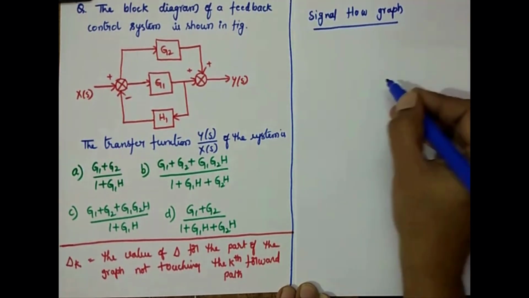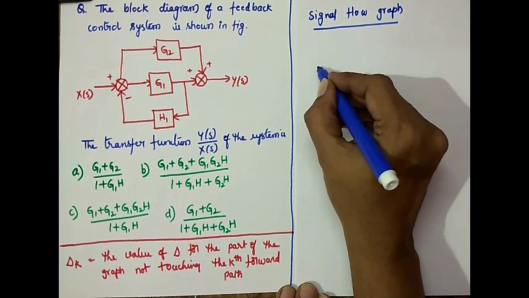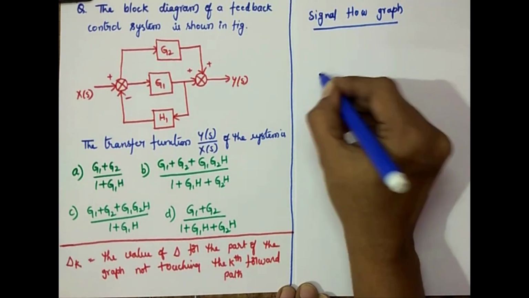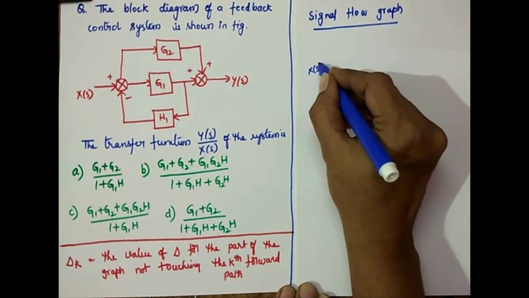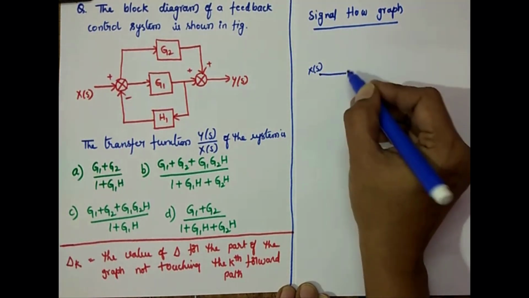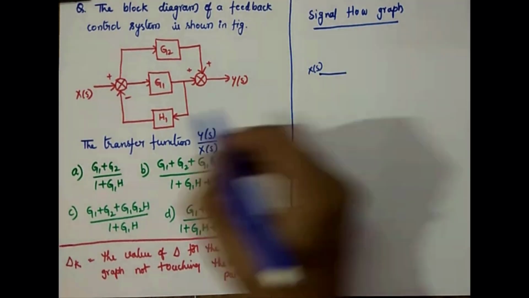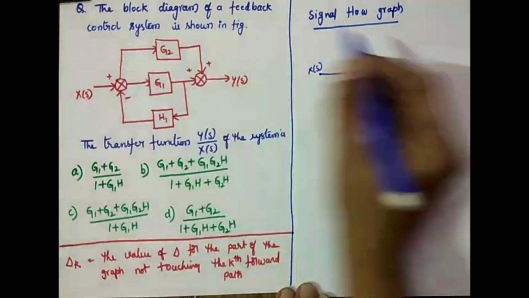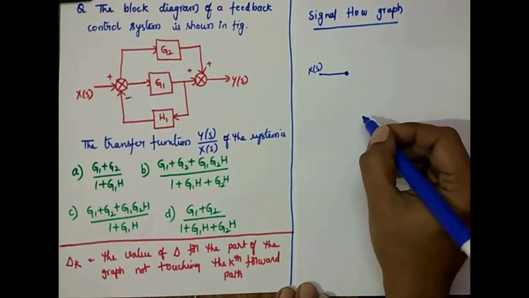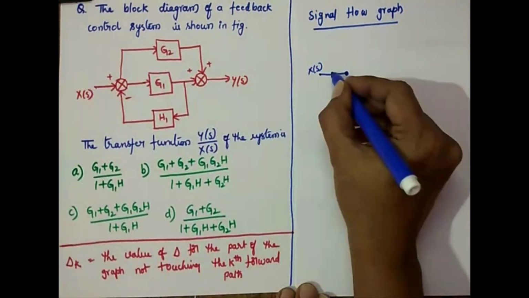First you have the input X(s). You have to represent this with a node. And then you have a summing point, so take another node. Between this and this, you don't have anything, so take it as 1.